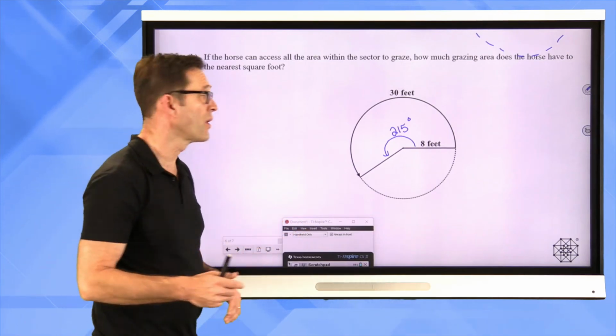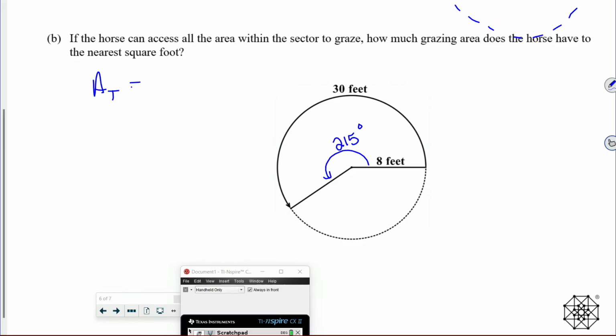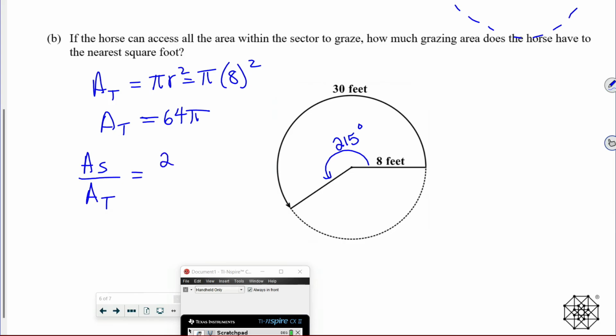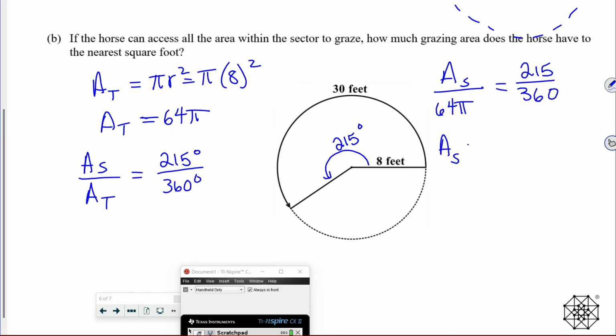Well, again, let's talk about the total area. The total area, pi r squared, is going to be pi times 8 squared, which is 64 pi. So the area of the sector divided by the total area is going to be that 215 degrees divided by 360 degrees. We know our total area is 64 pi, which means the area of my sector is 215 divided by 360 times 64 pi.